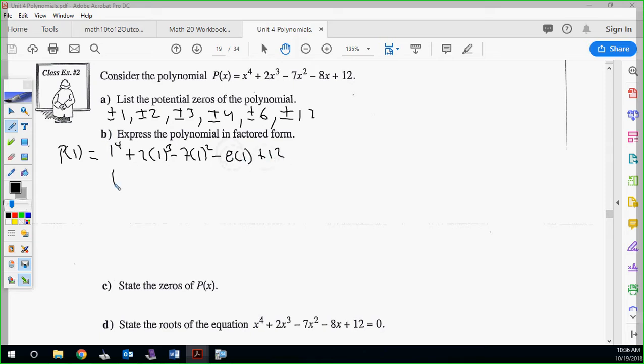So we got 1 plus 2 minus 7 minus 8 plus 12. Okay, so I have 15 minus 15, so I get 0. So 1 is a 0, so that means that x minus 1 is a factor.